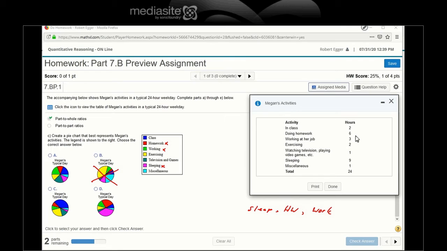Let's look at this one. So purple, followed by homework. Oh, followed by work. So this has potential. Here blue is the biggest one. Blue is classroom. That is not the biggest one.